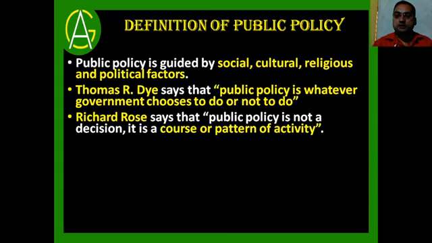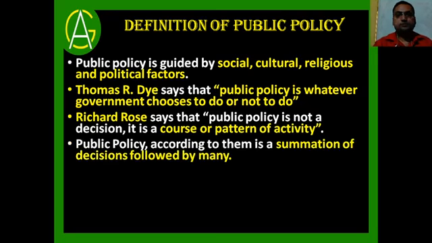So many decisions are taken by the government, and all these decisions as a combination become public policy, or we can say industrial policy. So it is not one decision, but it is the set of several decisions. This definition is given by Richard Rose.